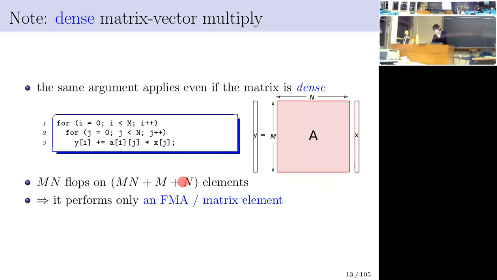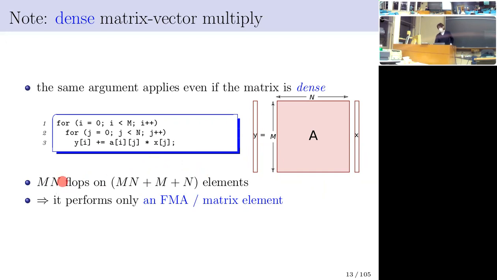But these two terms do not matter very much. The only thing important is that you have mn elements of A and are doing only mn flops. So it should be 2mn flops, or mn FMAs, right?